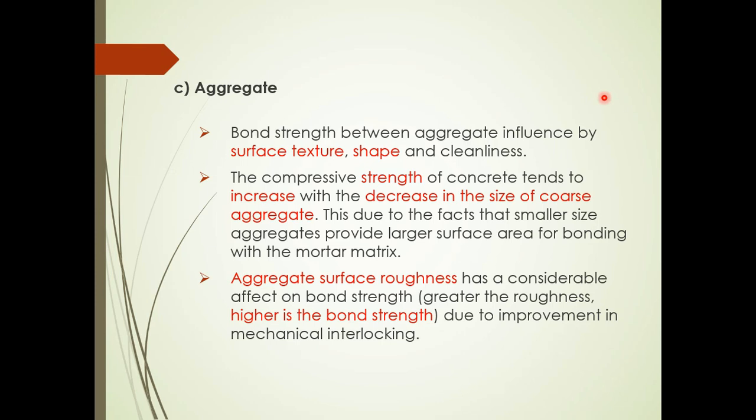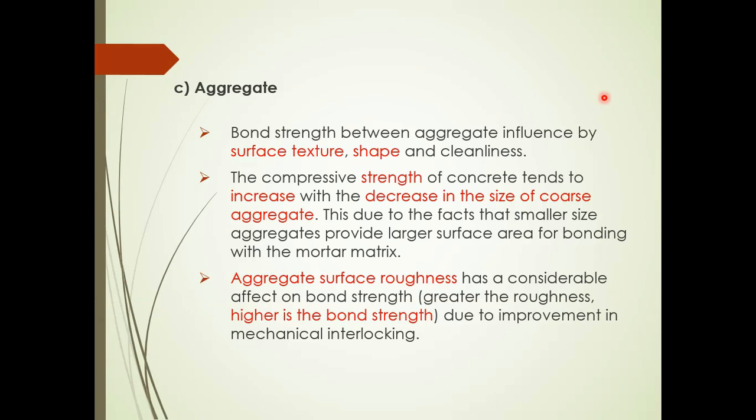And also the aggregate. The bond strength between aggregates is influenced by the surface texture, shape, and also the cleanness of the aggregate. The compressive strength of concrete tends to increase with the decrease in size of coarse aggregate. This is because the smaller size of the aggregate provides a larger surface for bonding with cement mortar.